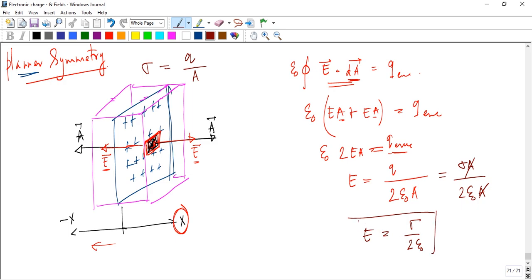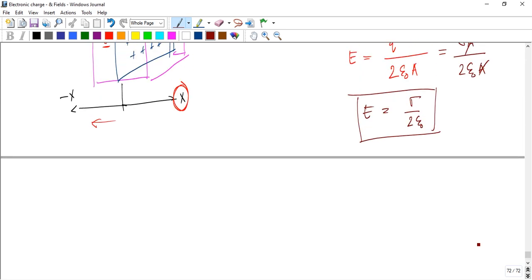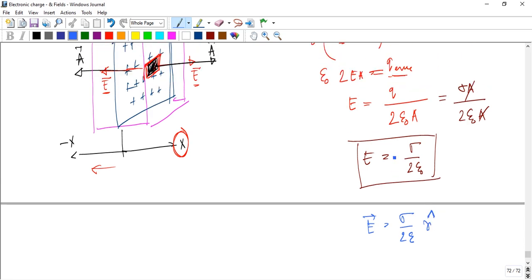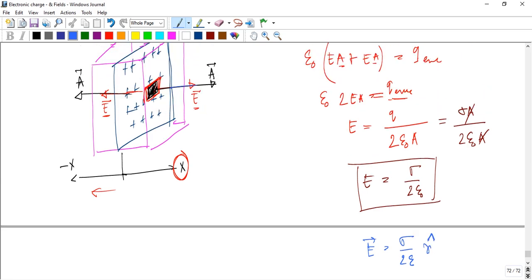That is the magnitude of E. And if you want to put a vector sign on E, E equals sigma by twice epsilon naught times r cap, in the r cap direction, obviously. Clear?